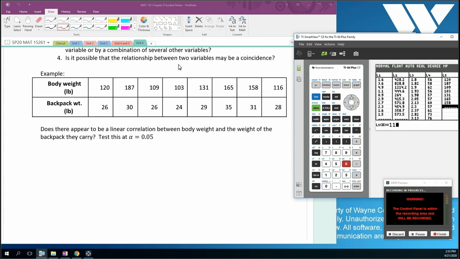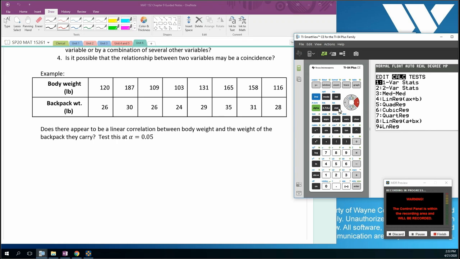We're going to see if there is a correlation between body weight and backpack weight. You might think, oh yeah, the heavier the person, the heavier the bag. So let's do not 1-Var Stats, but LinReg this time for L5 and L6.